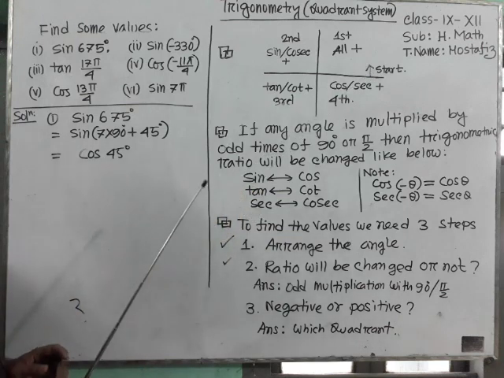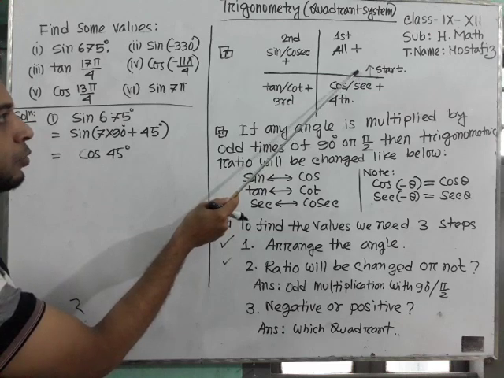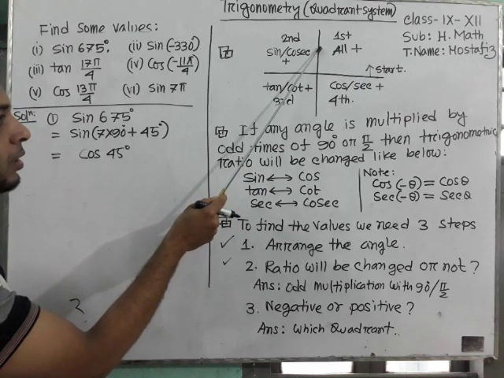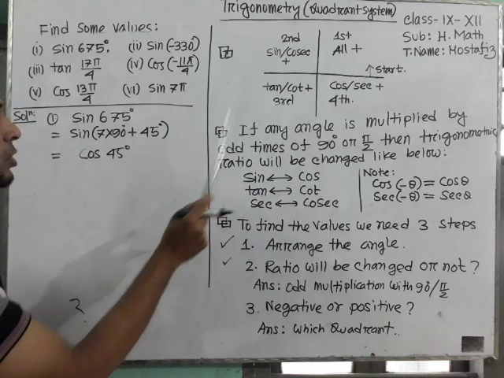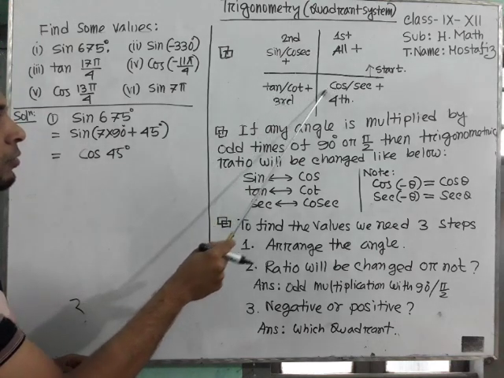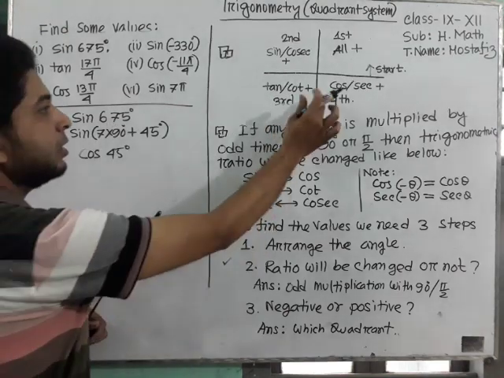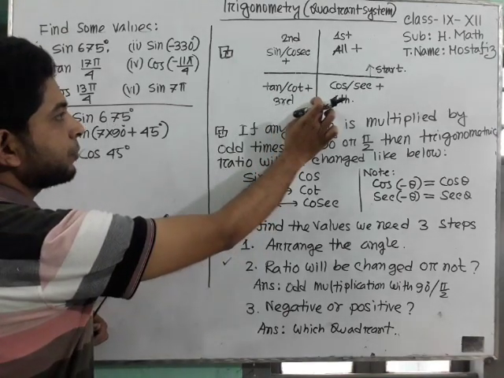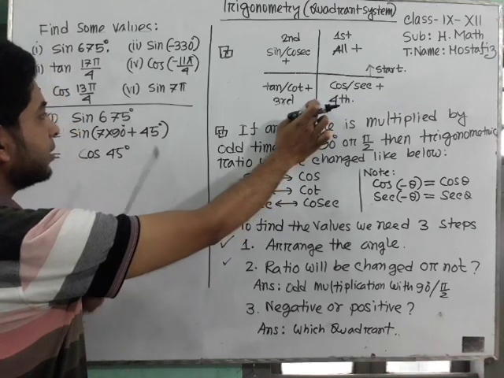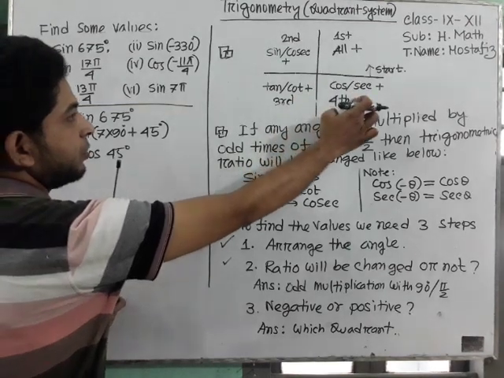Seven quadrants. We know that if you go one quadrant, you will pass 90 degree. So here 7 into 90 degree: 1, 2, 3, 4, 5, 6, 7. So here you will go 7 into 90 degree, but extra 45 degree. For the extra 45 degree, you will go to the fourth quadrant.